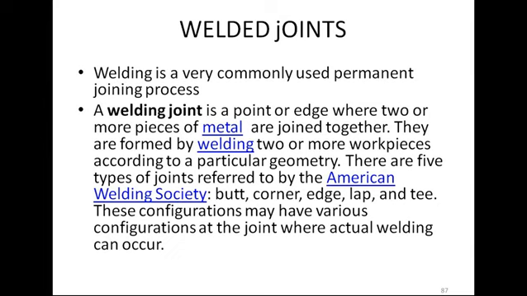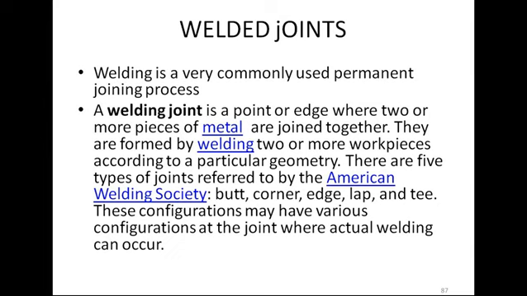In general, we can say that a welding joint is a point or edge where two or more pieces of metal are joined together. They are formed by welding two or more workpieces according to a particular geometry.